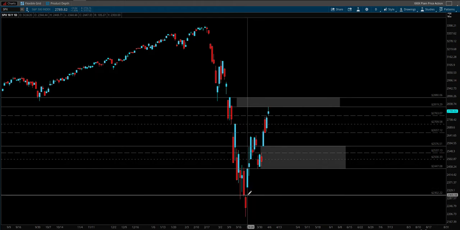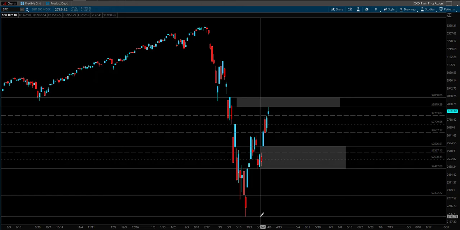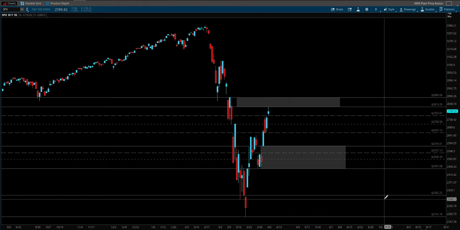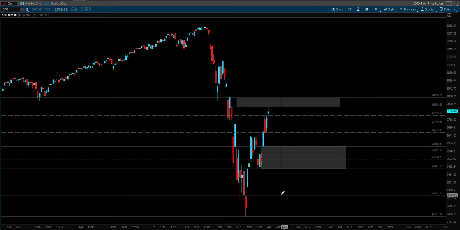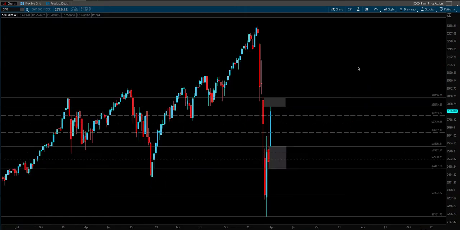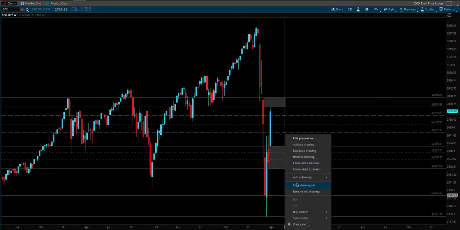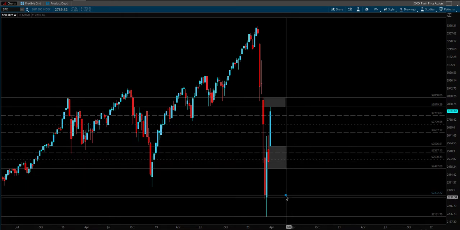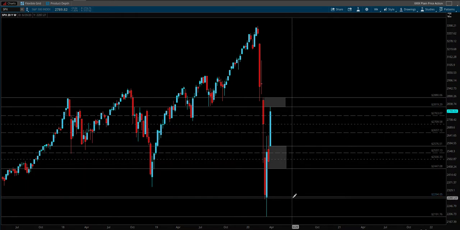So again, it could be off a point or two, but just a general area of 2300. And this was the low. Again, this is the weekly, daily. So if I go to a weekly, I'll change that. So I'll use that level instead. So basically about 2300.